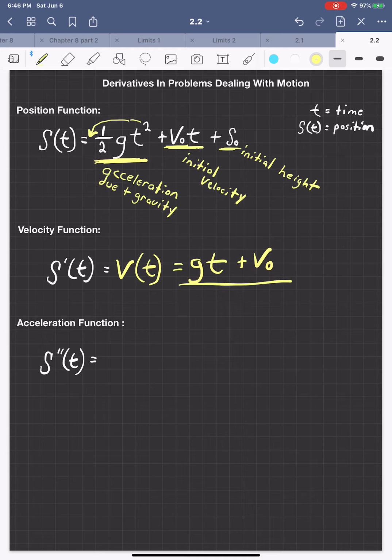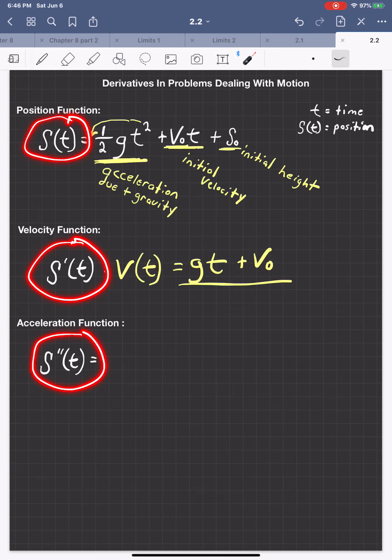Okay, so your acceleration function, think of it this way. You start with s, the first derivative would be s prime, the second derivative would be s double prime.